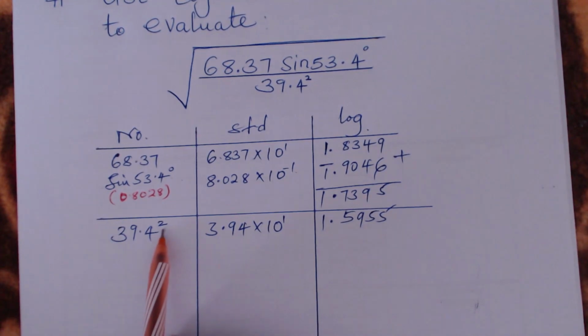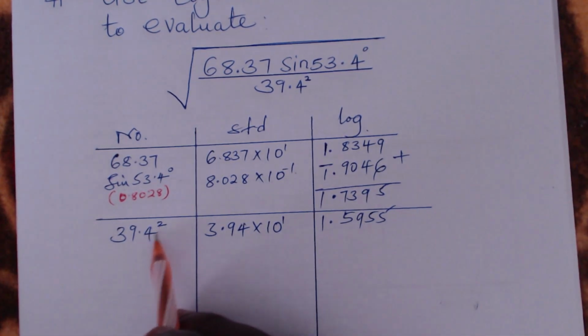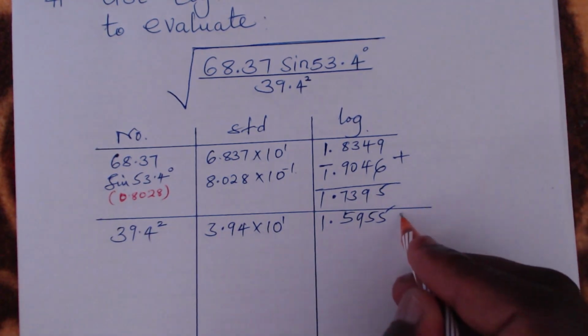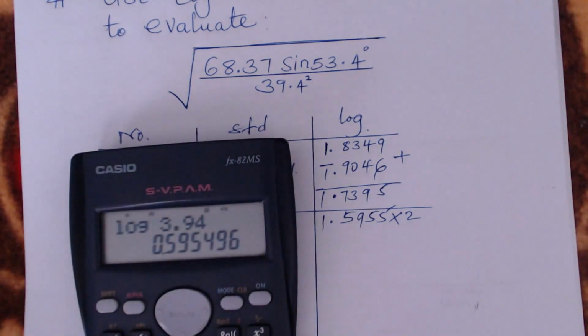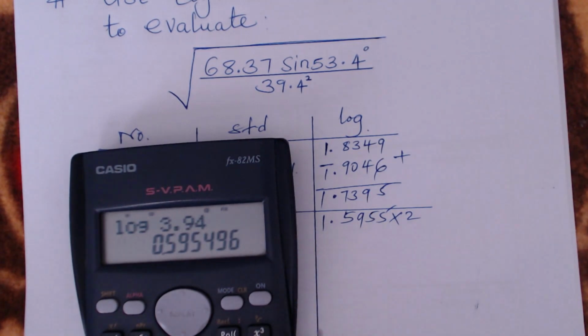You have to square that number. When you're squaring the number, you multiply its log by 2. So you're getting the square of that. Now you have the log. So to square that number, you multiply that one by 2. You can see the characteristic is positive, so you can multiply directly by 2.